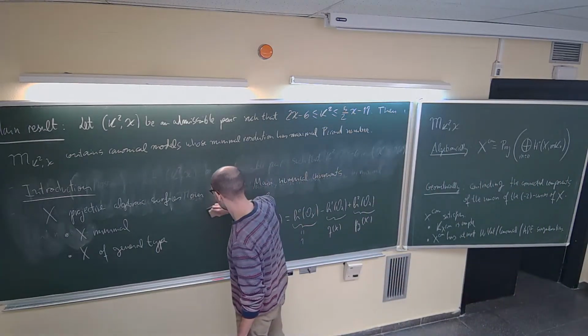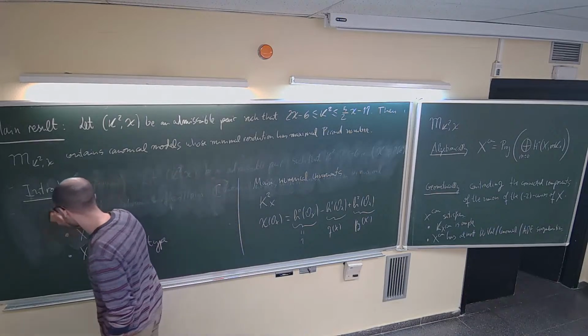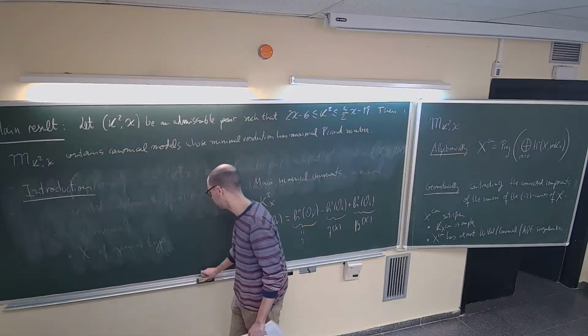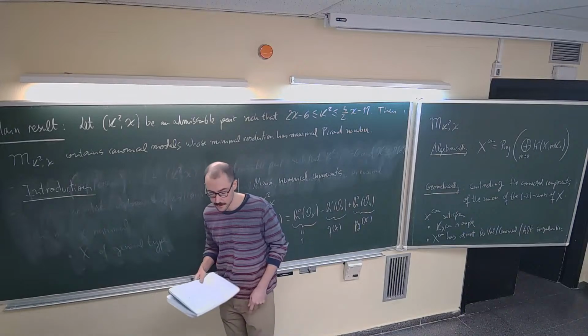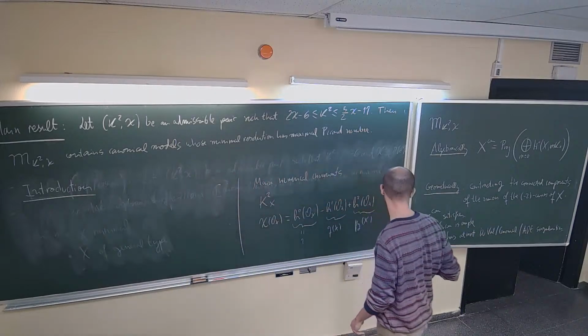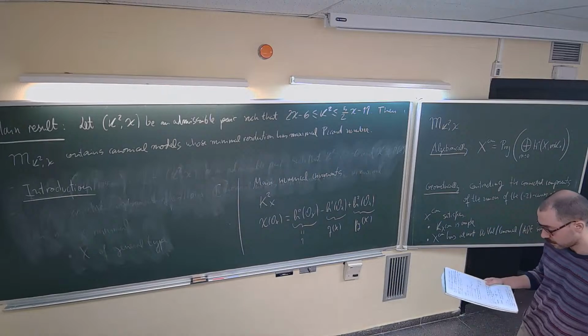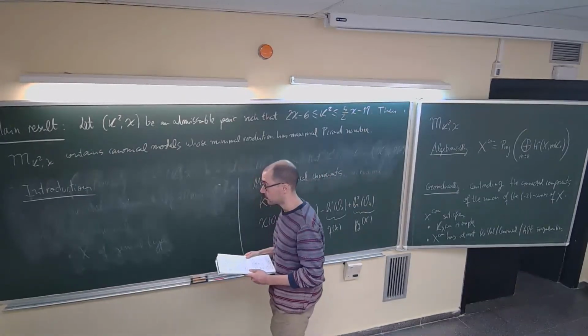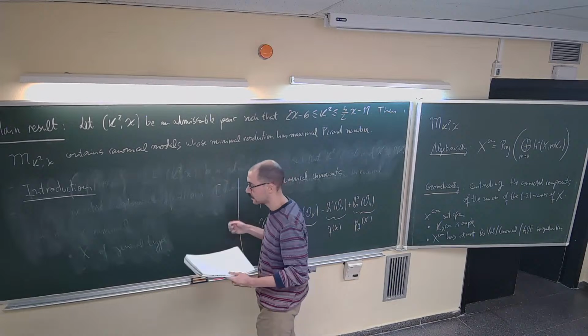Now, it is important for us to speak about the exceptional divisor of the minimal resolution of these singularities that we are allowing these canonical models to have. Actually, we can only have three types of singularities.